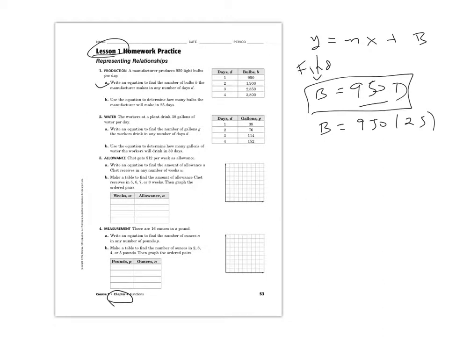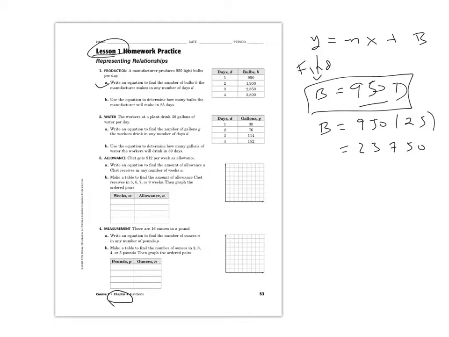Or we could say it's 950 times 25, which equals 23,750. So that would be the number of bulbs produced over 25 days by this manufacturer.